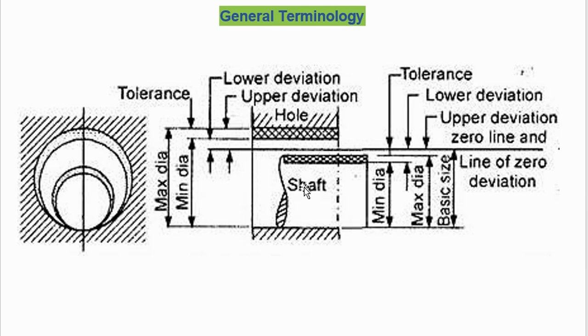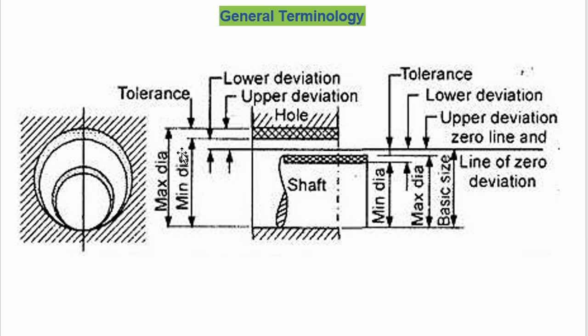Similarly, the shaft has this tolerance zone, where again you show the maximum diameter of the shaft and the minimum diameter of the shaft. Here the scenario is quite reverse. Maximum diameter here corresponds to maximum material condition, whereas minimum diameter corresponds to least material condition.